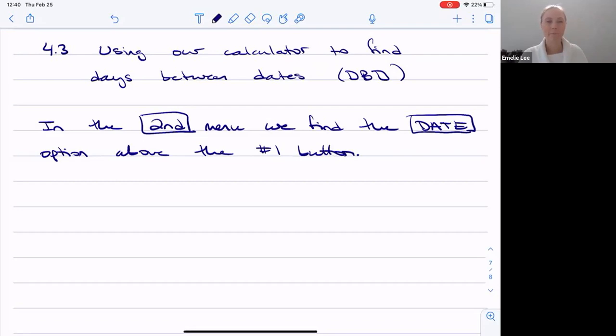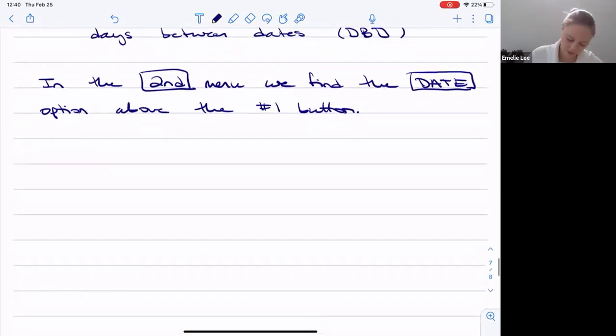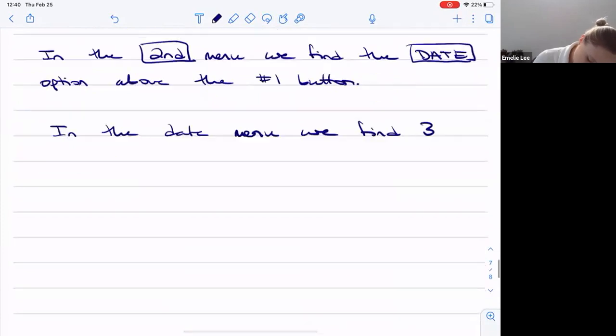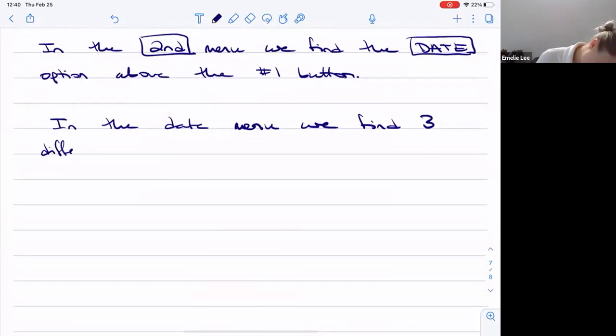We enter that, the date menu, we'll call it. In the date menu, we find 3 different inputs.